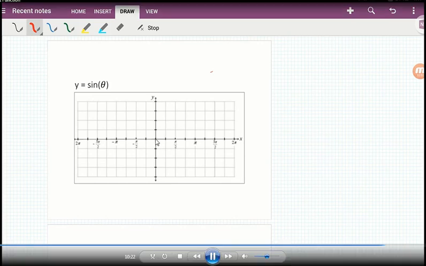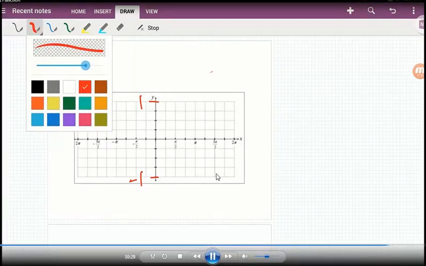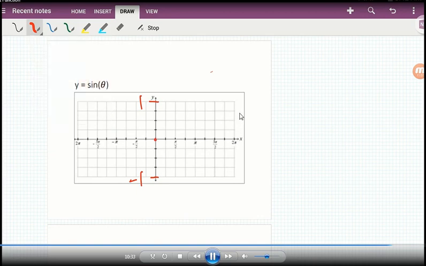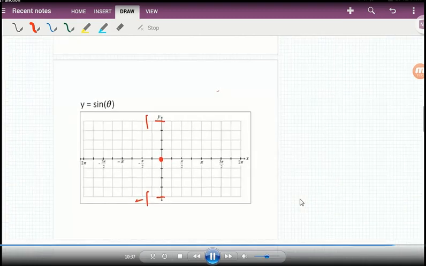For instance, 0, going up to 1, going to 0, -1, and then 0 again. And that is the same process. So after this, it's going to go up to 1, down to 0, down to -1, right?